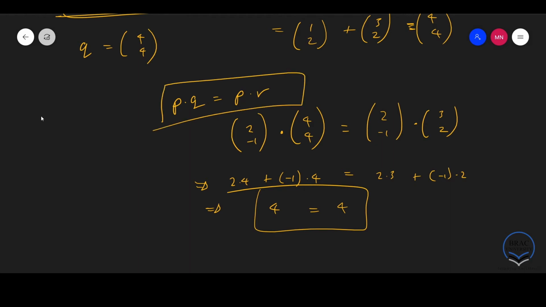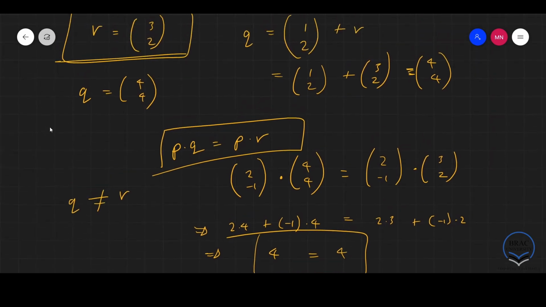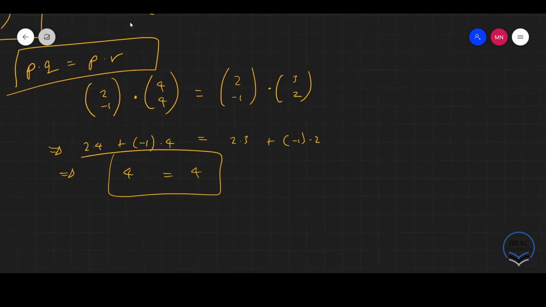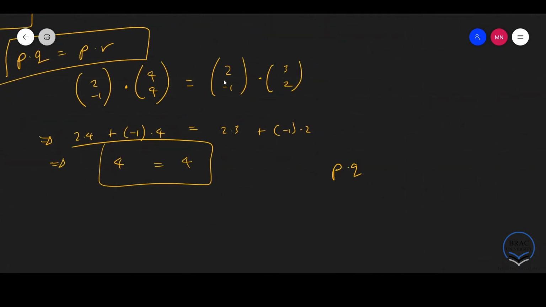So this is satisfied, but yet the vectors q and r, they are not equal, right? We have two different vectors, q and r, they are not the same, right? So if p dot q is equal to p dot r, this does not necessarily mean that q and r are going to be the same vectors. It is possible for them to be the same vectors, but that does not mean that they will be the same vectors every time, right?